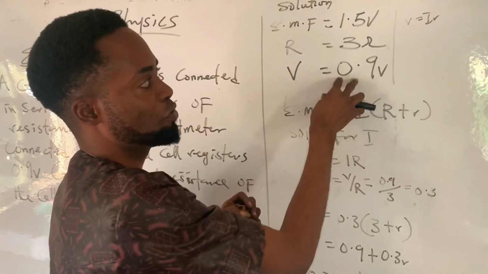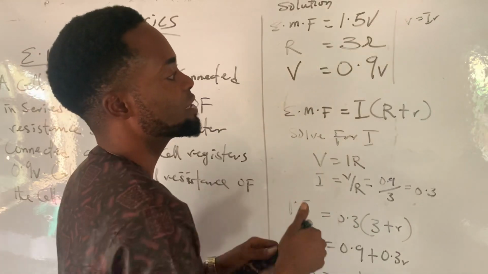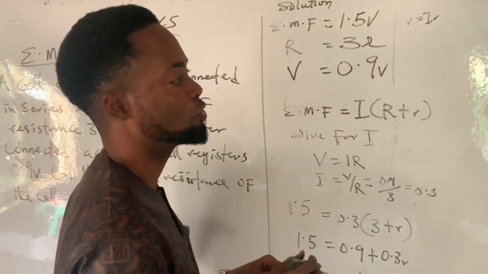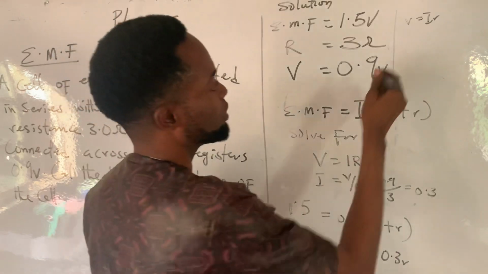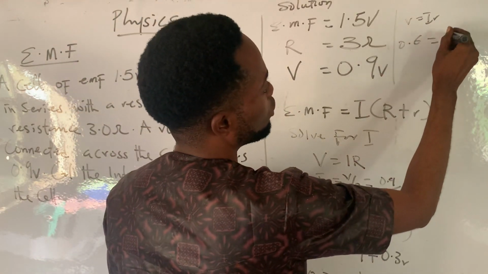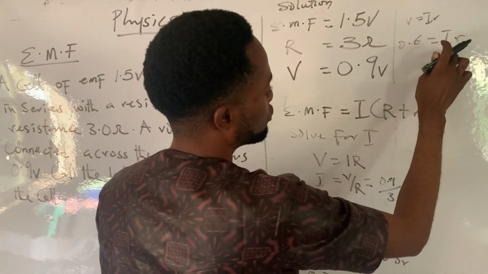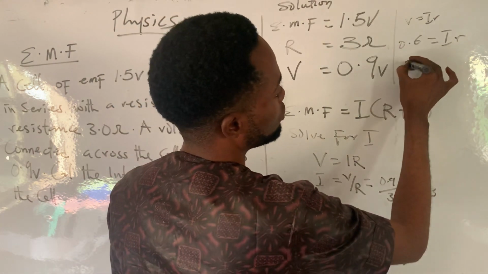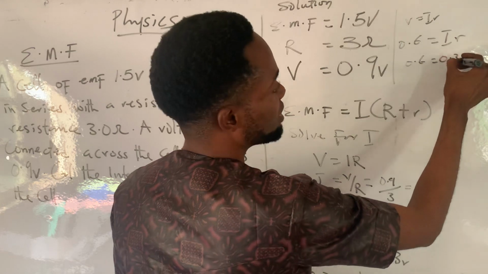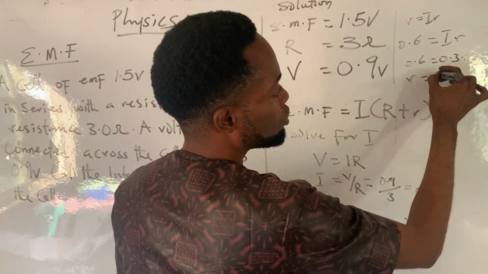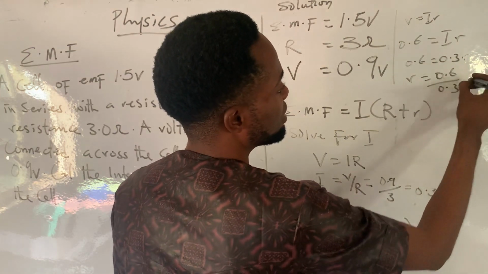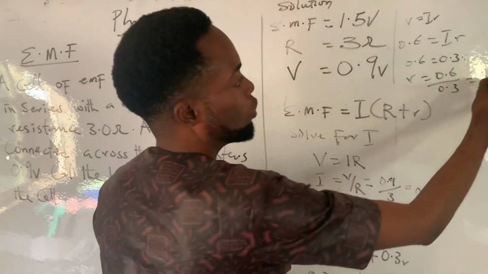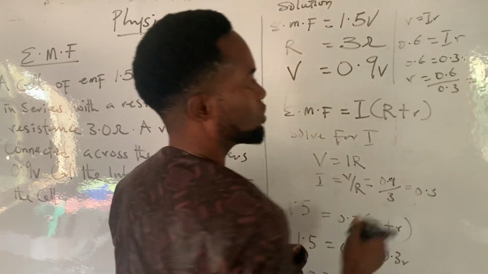You get your lost voltage, and that is going to be 0.6. So 0.6 equals I small r. We don't know I, but we have solved for I before, which is 0.3. So 0.6 equals 0.3 r, so r is equal to 0.6 over 0.3, and that still gives us 2 ohms. So that settles it.